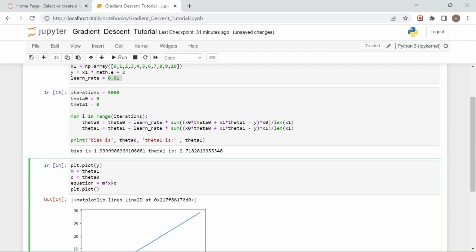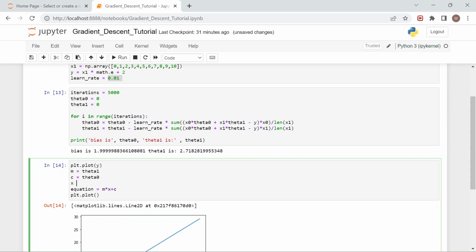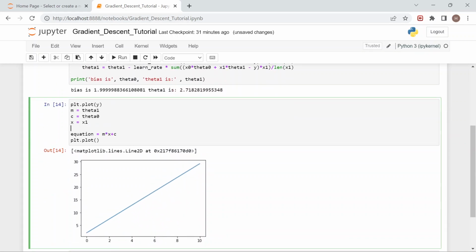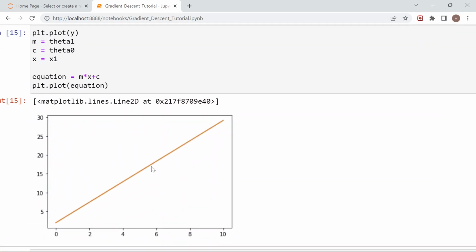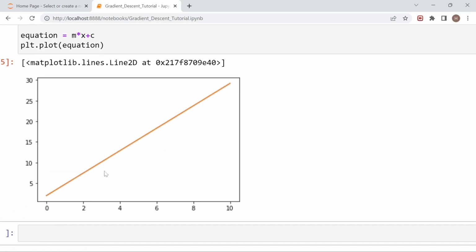X is, in fact, I will just keep it like this, x equals x1. Okay, so now if I plot the equation, you can see it's literally on top of it.